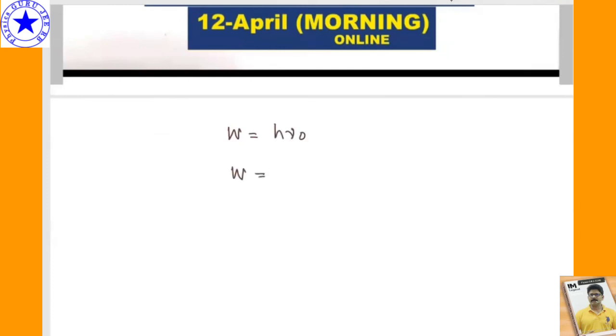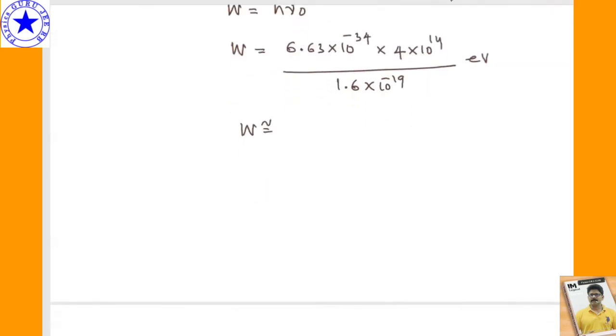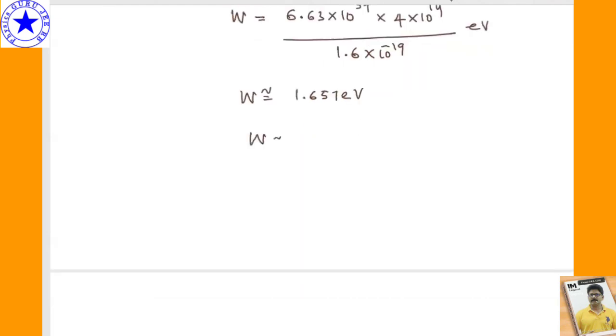So we can write 6.63 into 10 to the power of minus 34 into nu naught, 4 into 10 to the power of 14. If you want to convert this into electron volts, I can divide by 1.6 into 10 to the power of minus 19. Whatever we solve, W is approximately 1.657 electron volts, or nearby, 1.66 electron volts.